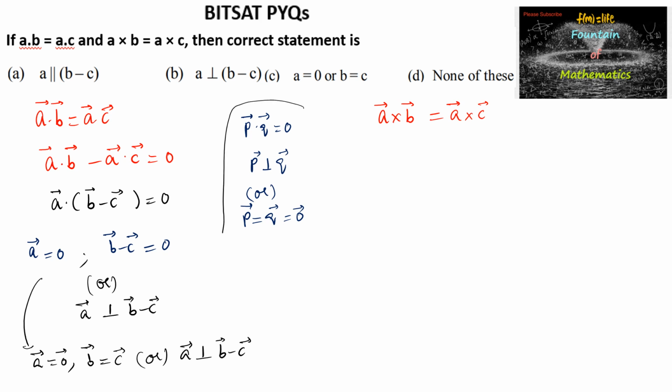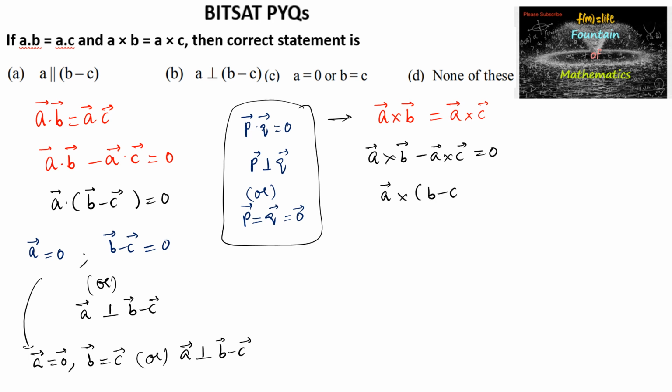And similarly, when a cross b is equal to a cross c, let's consider this. So we can write a cross b minus a cross c is equal to 0. So that is a cross of (b minus c) is equal to 0. And again here the cross product is 0.